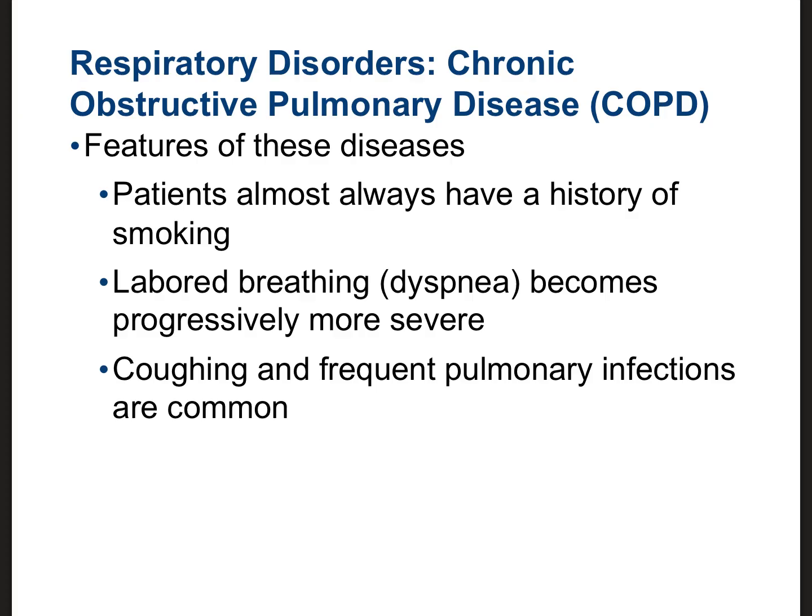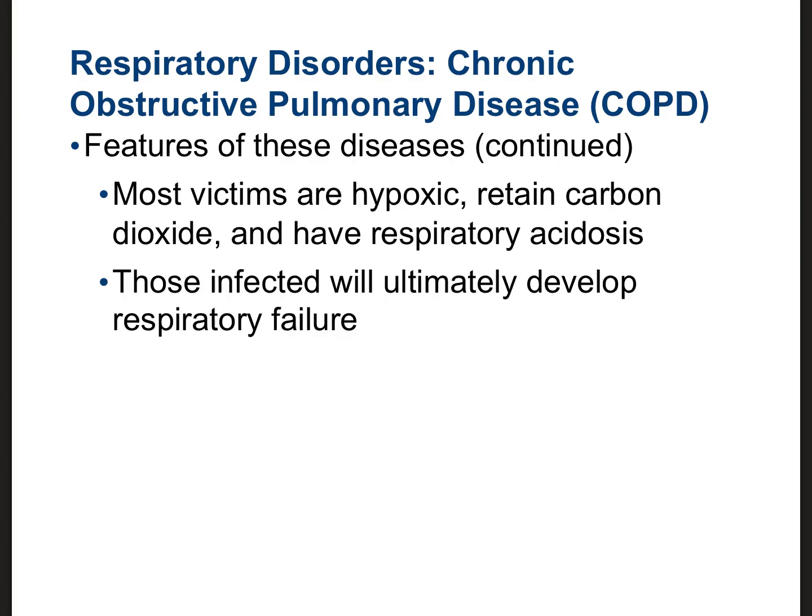They are symptomatic with labored breathing or dyspnea, which becomes progressively more severe over time. Coughing and frequent pulmonary infections, right? Because of the obstruction, whether from bronchioles being constricted or something stuck, there's a buildup of mucus and infections become more common. Most patients are hypoxic, meaning they have lowered oxygen levels in tissues.